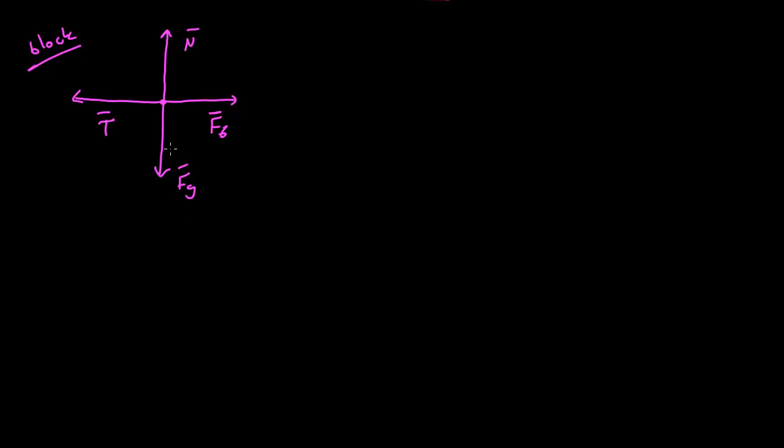And so now everything is on its own axes, so I can look at the x and the y system separately. In the y direction, if I call that the plus y, the sum of the forces is equal to 0, because it's not accelerating in the y.